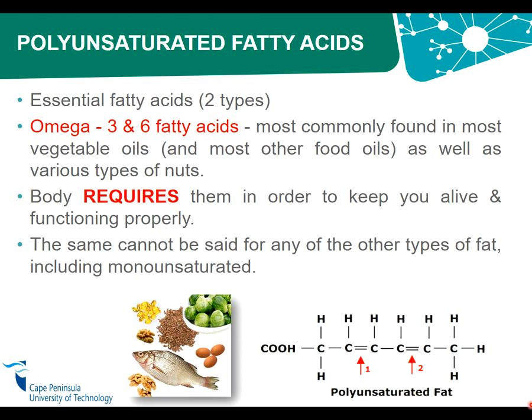Essential polyunsaturated fatty acids are what we normally term essential fatty acids, and there are two types of these. We have the omega-3 and omega-6 fatty acids. Omega-3 and omega-6 fatty acids are mostly found in vegetable oils and most other food oils, right? As well as products such as nuts, and mostly they are found in marine products such as fish.